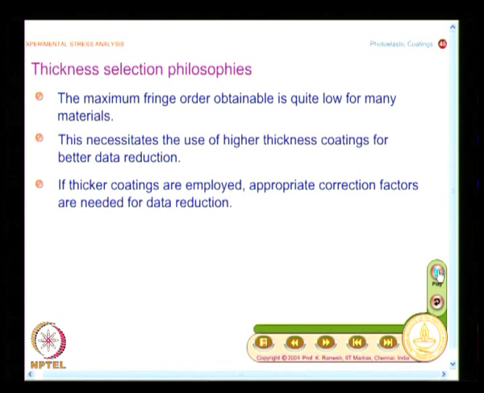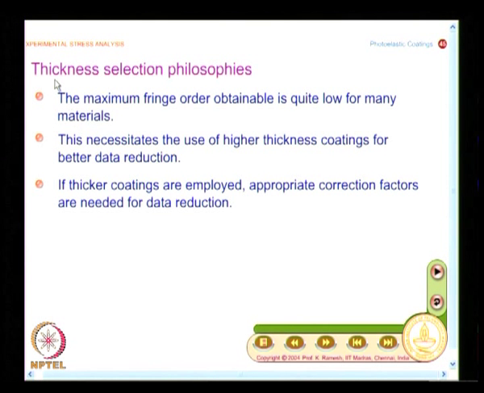We have seen that the maximum fringe order obtainable is quite low for many materials. This necessitates the use of higher thickness coatings for better data reduction. And if thicker coatings are employed, appropriate correction factors are needed for data reduction.